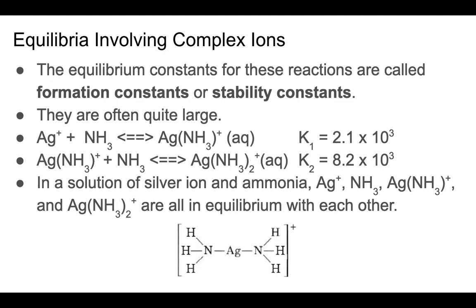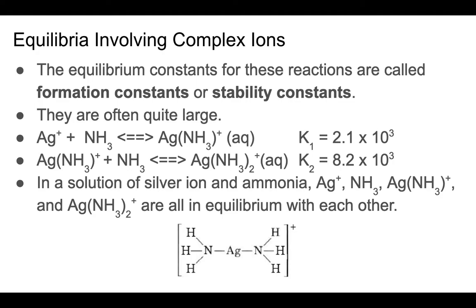So since they form these complex ions with pretty large equilibrium constants, you can assume that these ions are pretty well bound up in water to make these coordination compounds.